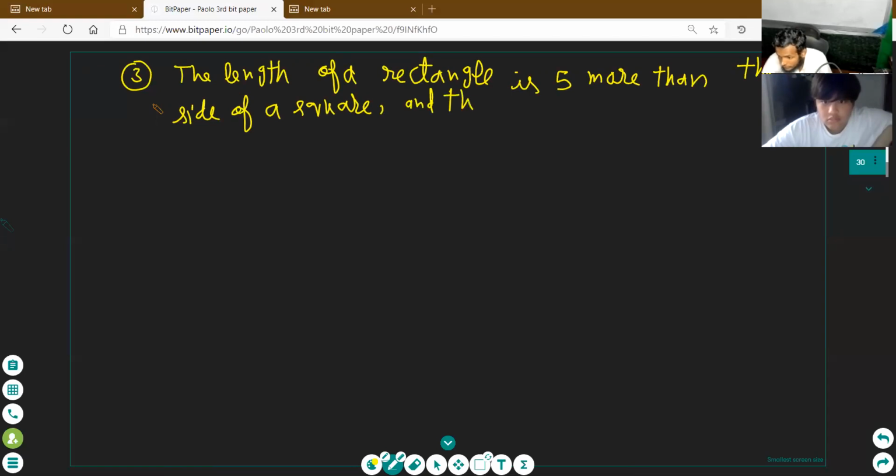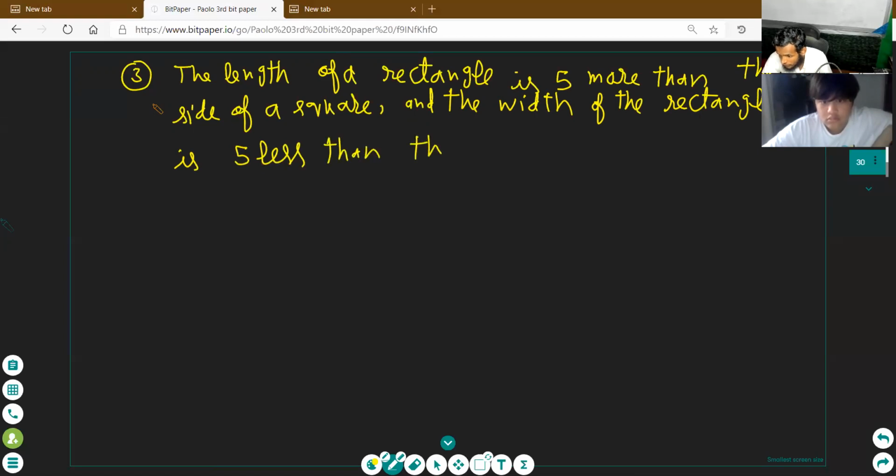And the width of the rectangle is 5 less than the side of the square.